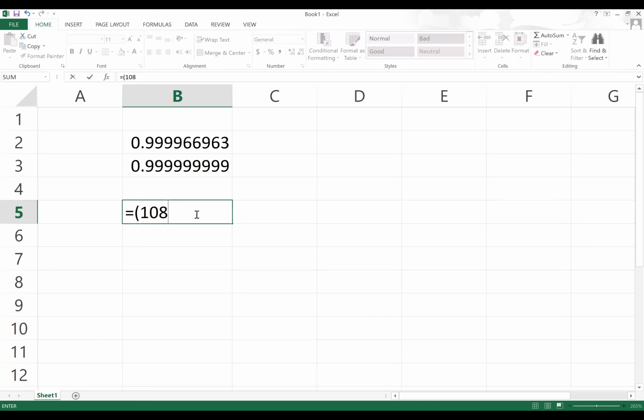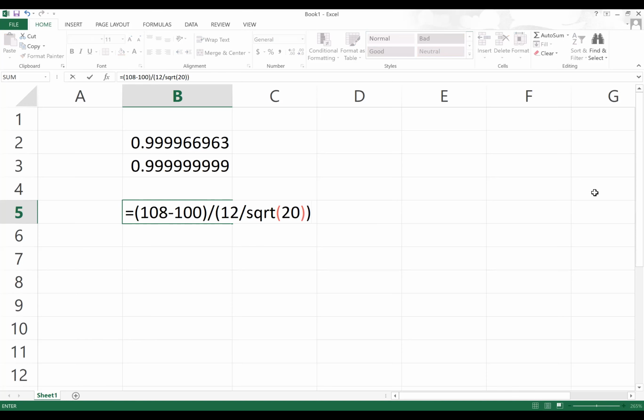So 108 minus 100, put in the parentheses. That's the numerator. For the denominator, you're also going to put it in parentheses. That should be the standard deviation 12 over square root, so SQRT of 20. This is the proper input for using the formula to find the z-score. I'm going to show you one more time.